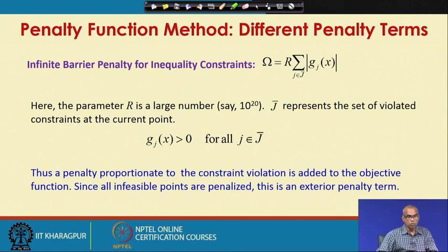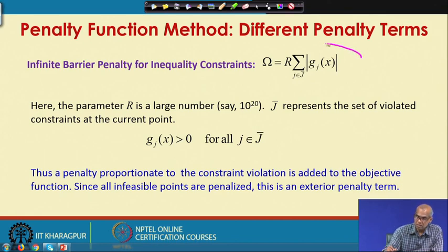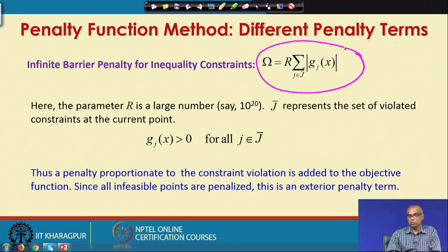Next, we talk about infinite barrier penalty. Infinite barrier penalty is for inequality constraints, and this is defined as r into the absolute value of the inequality constraint.